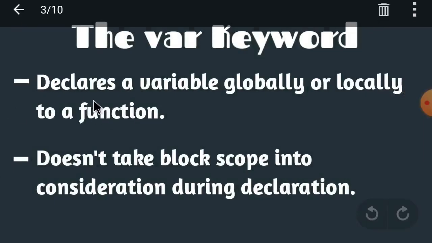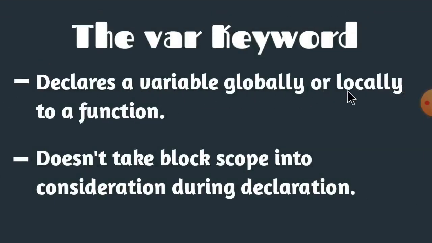It says it declares a variable globally or locally to a function, and it doesn't take block scope into consideration during declaration. That is, with this var keyword, there aren't just two scopes in JavaScript. So we can have a variable declared globally, like the one we just did, and we can have it declared locally to a function, like the one we are going to do now. But we can also have it declared locally to a block of code, which is not even a function. So what do I mean by that? Let me go back into the editor.